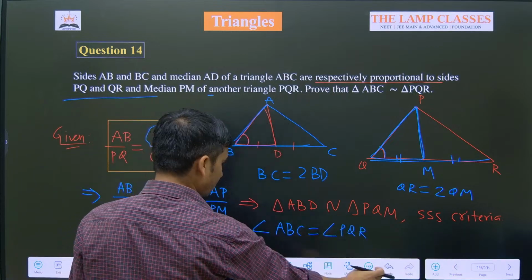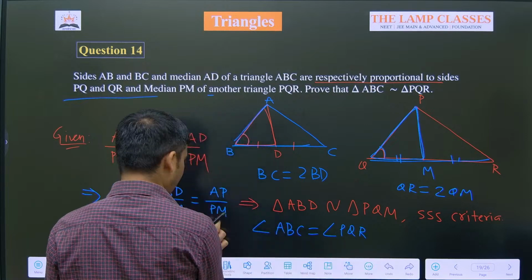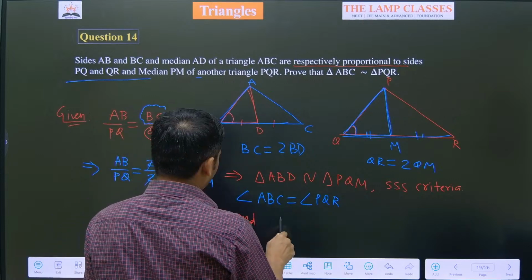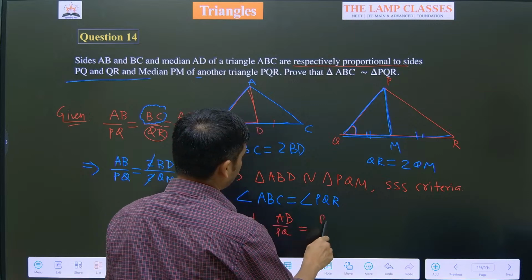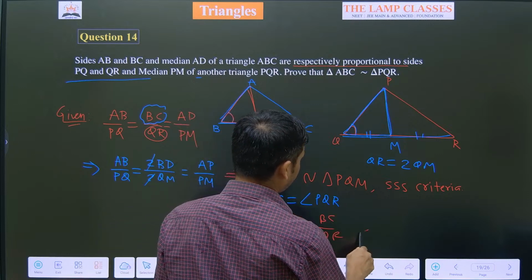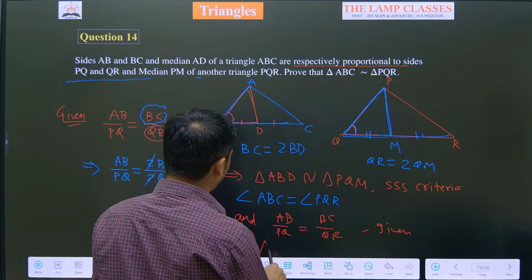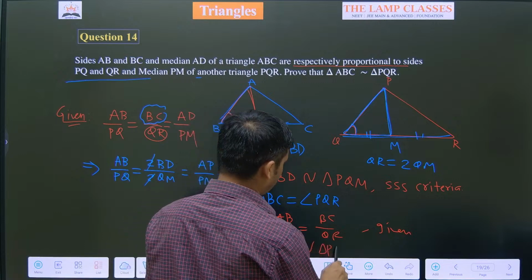If you want to be sure, you can even write that AB upon PQ is equal to BC upon QR, given. So by SAS criteria we can say triangle ABC is similar to triangle PQR.